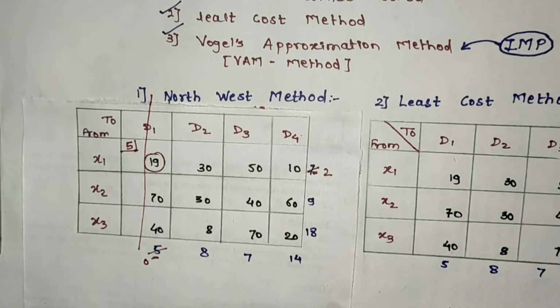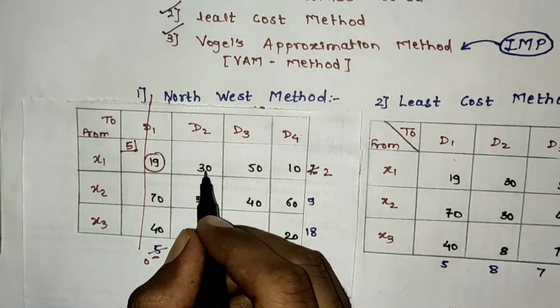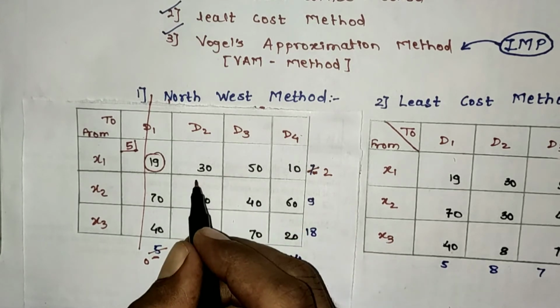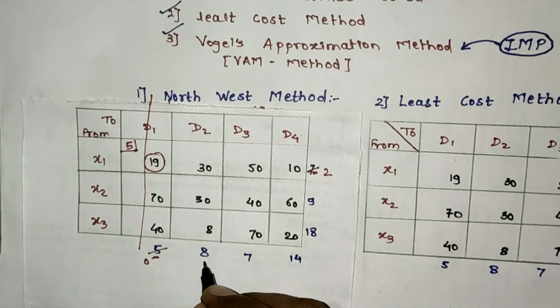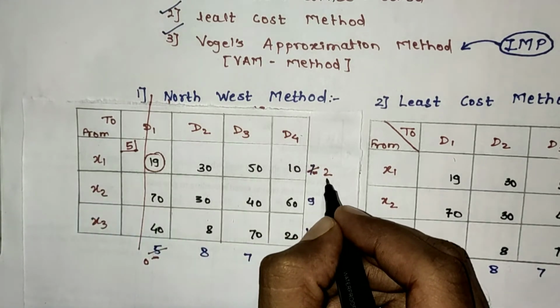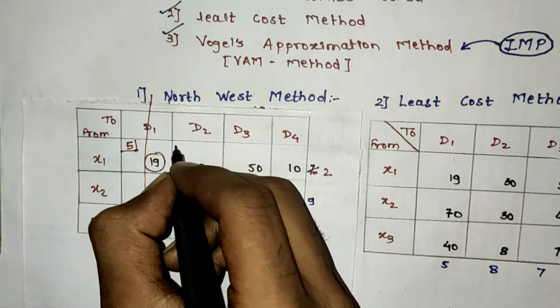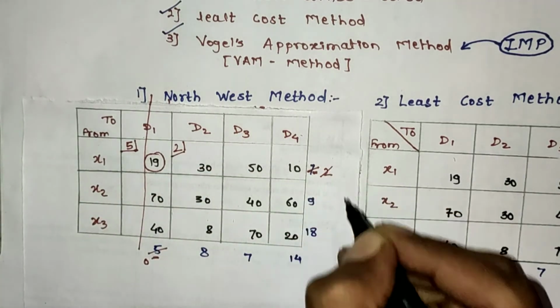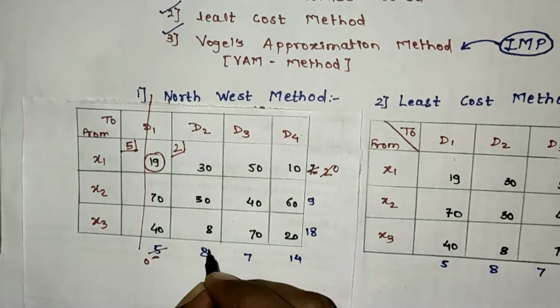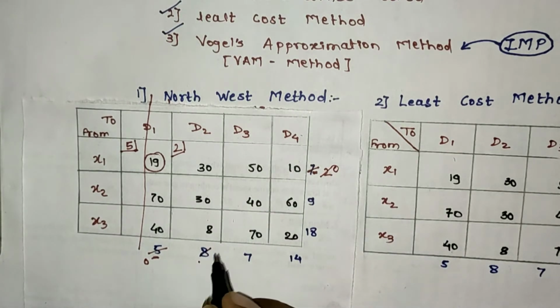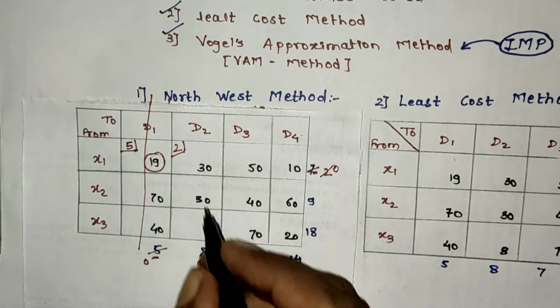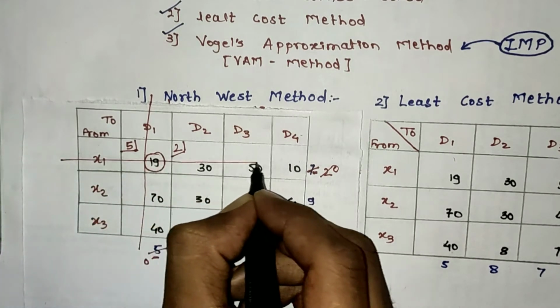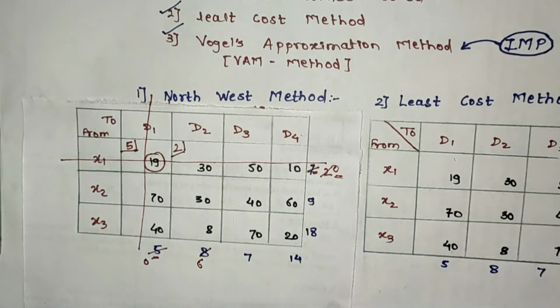Now the next northwest corner we have is 30. So 30 has a demand of 8 units, but supplier 1 can only supply 2 units. So supply the 2 units to the 30. Now it gets 0 and the remaining demand here is 6. Again cancel this row because this supply ended.